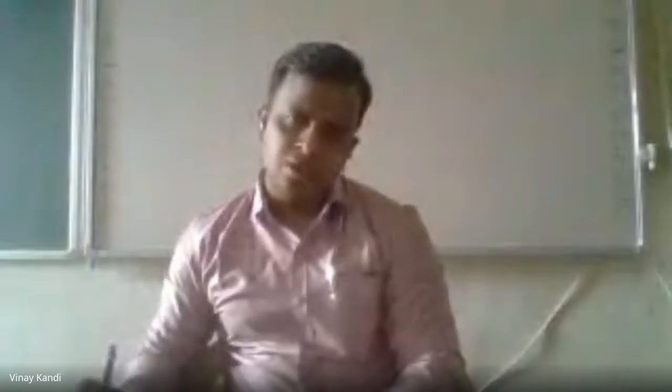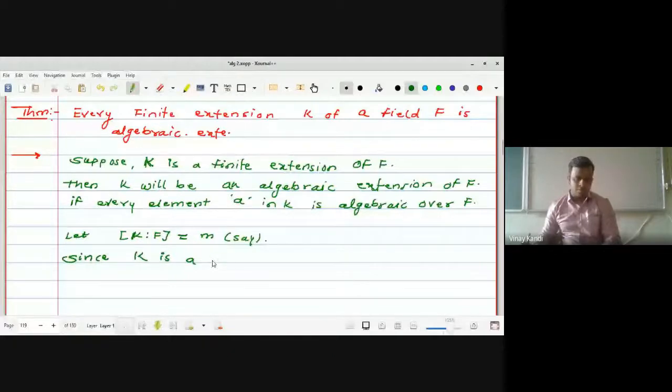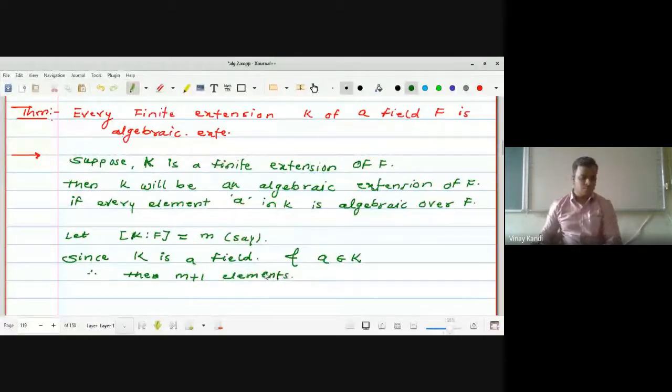Therefore, the m plus one elements, which ones? 1, A, A square, and so on, A raised to m minus one, and A raised to m, all are in K. Okay, any doubts?